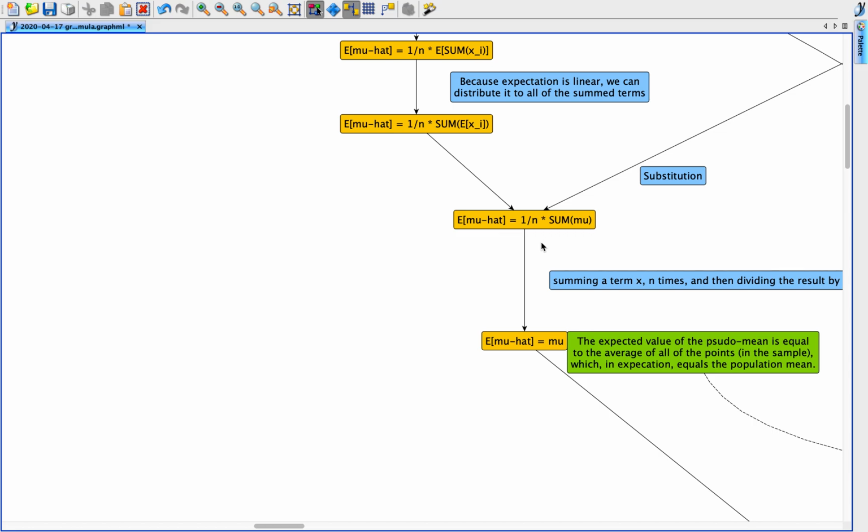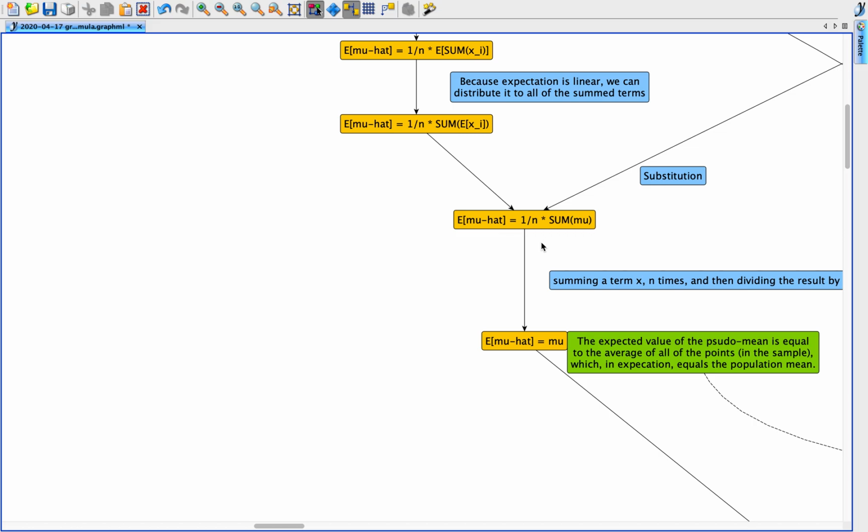And if the population is not symmetrical, we still have a sense that the average deviation is balanced. If we take a bunch of mu hats and add up all the deviations from the mean of those above the mean, and all the deviations of those below the mean, we'll find that those are equal.